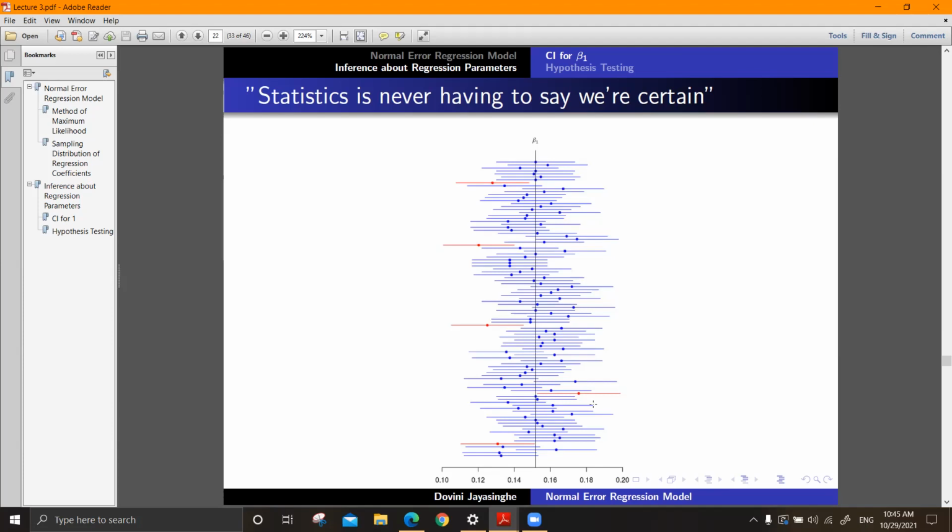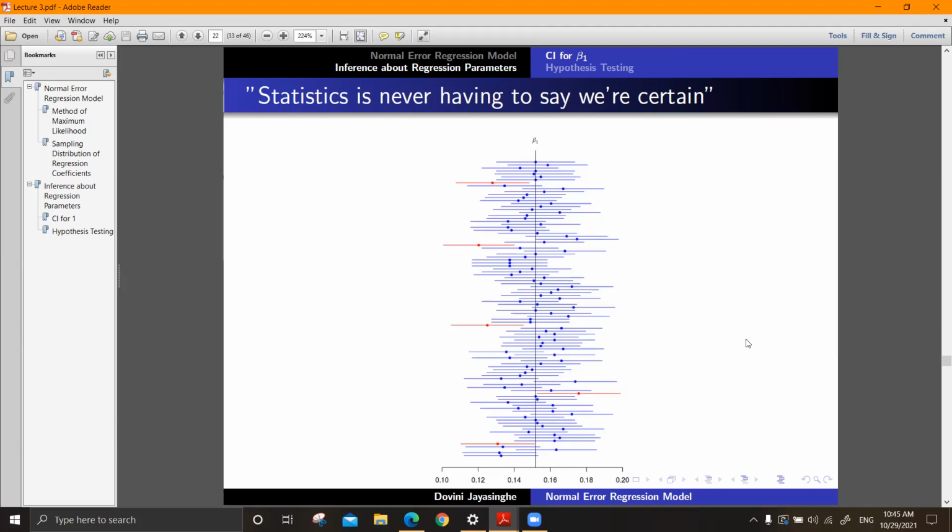Let's say you draw 100 samples out of the same population and do the same experiment 100 times. When you have 100 samples, you have 100 confidence intervals, right? 95% confidence means out of the 100 confidence intervals that you constructed, 5 of them are out. Only 95 of them contain the true parameter. That is what it says.